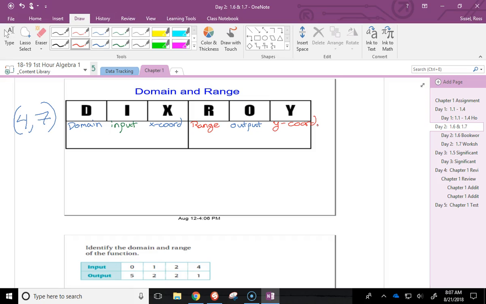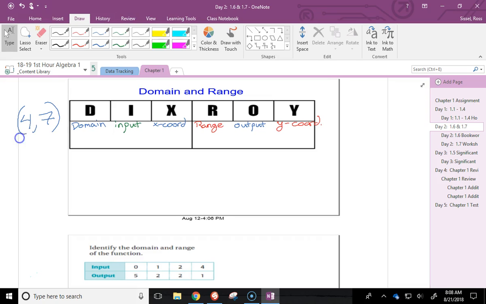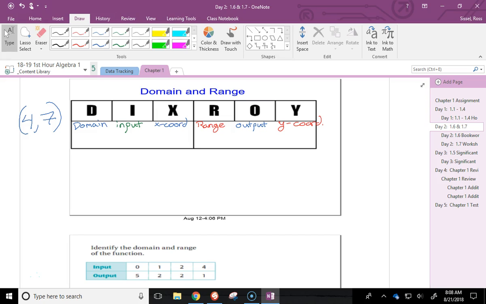And to be honest, I'm not going to write this whole definition. I think that's going to take longer. It's mainly just what we're saying out loud. The first value is your domain, input, or x coordinates.